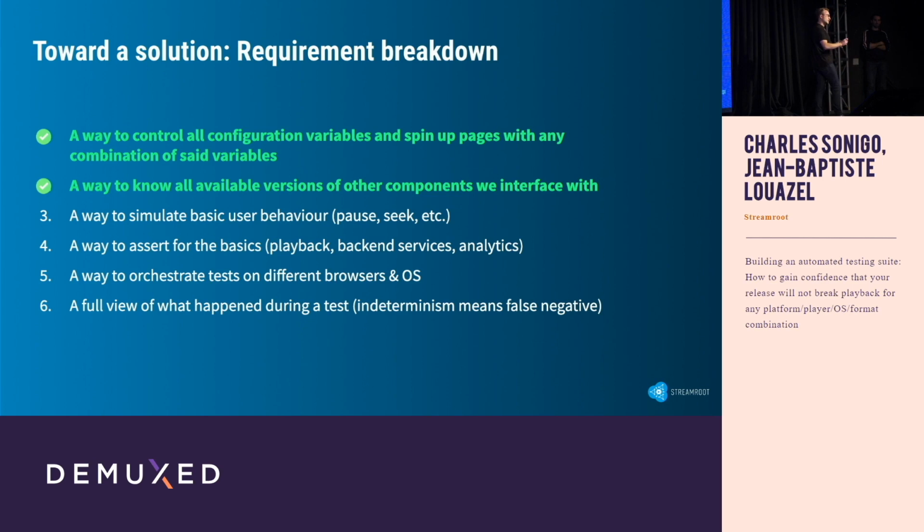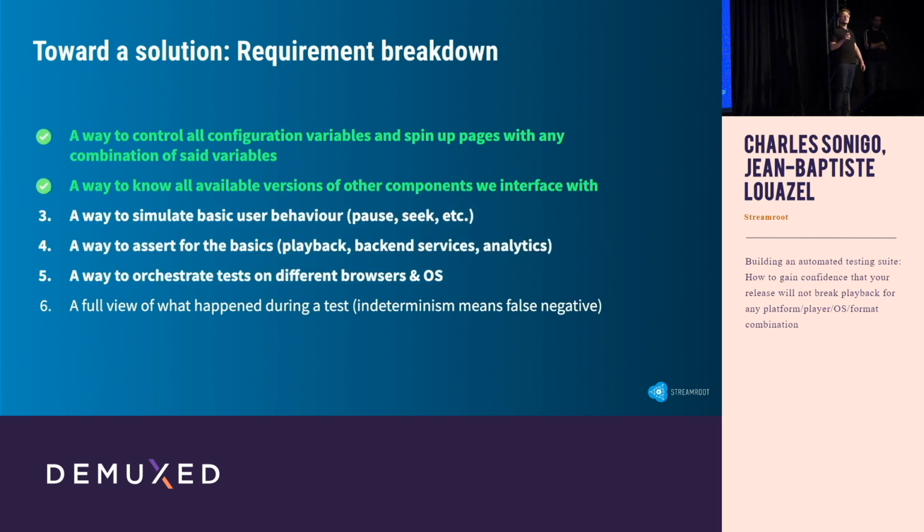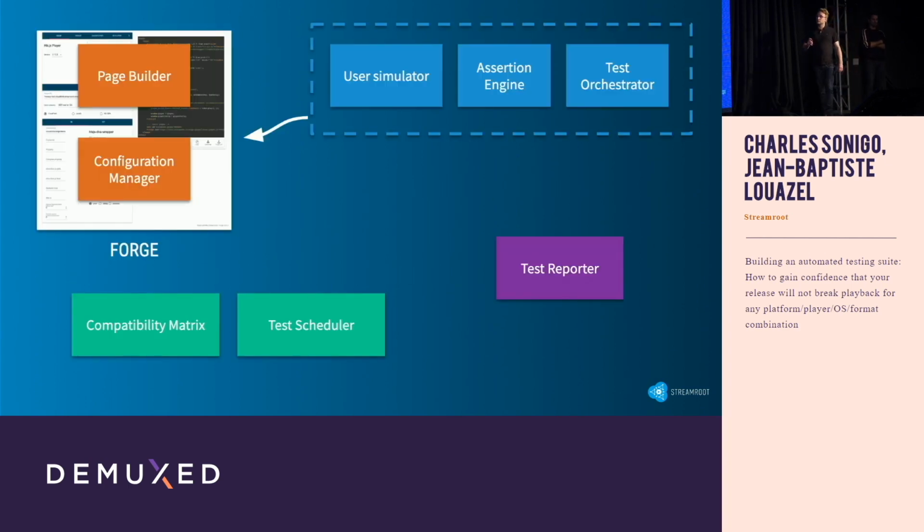We now have a way to quickly create test pages and to manipulate all the configurations that are attached to the page. And now we want to be able to test user behavior and to do assertions on top of it on various environments. So we're going to need to build those 3 tools now.